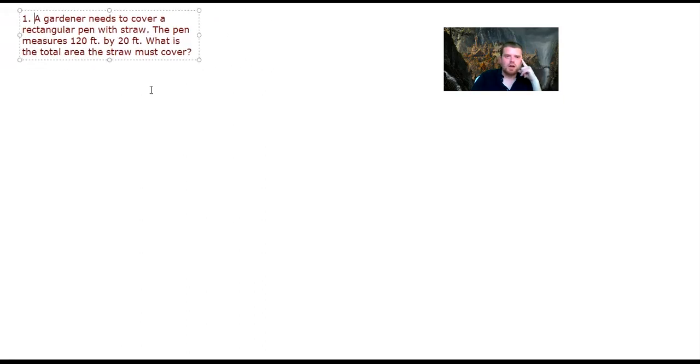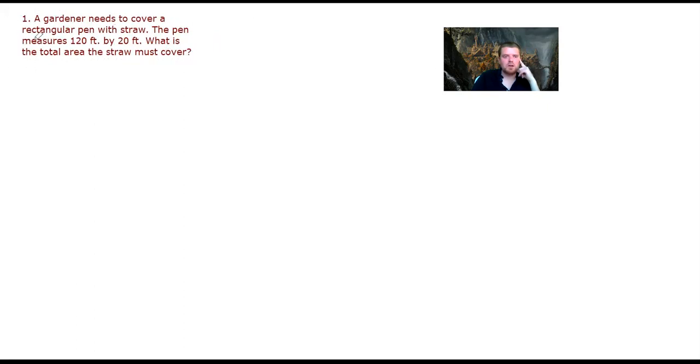The pen measures 120 feet by 20 feet. What is the total area the straw must cover? So a lot of filler in word problems like this, meaning there's a lot of exposition, but the important part is what shape is it and what are my dimensions, right?